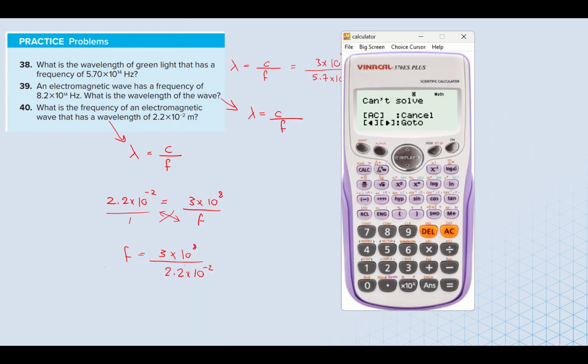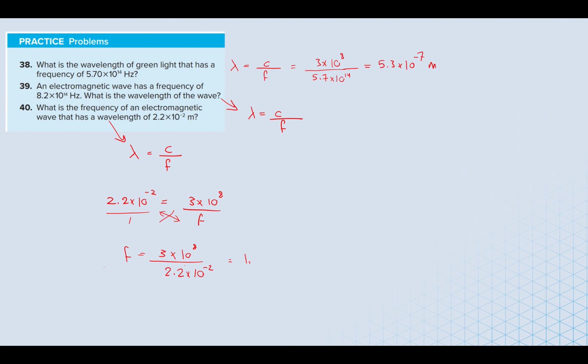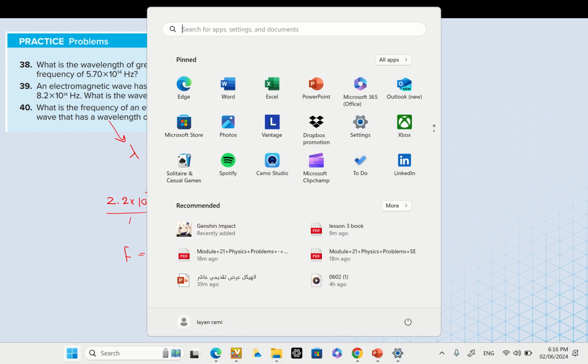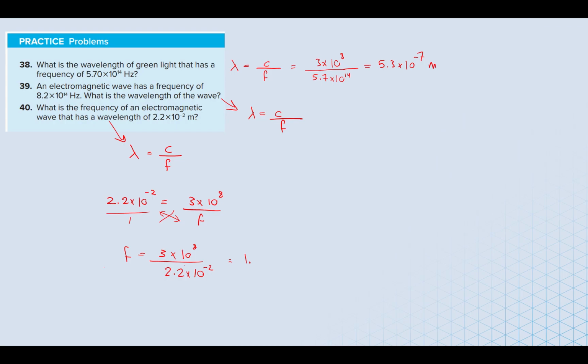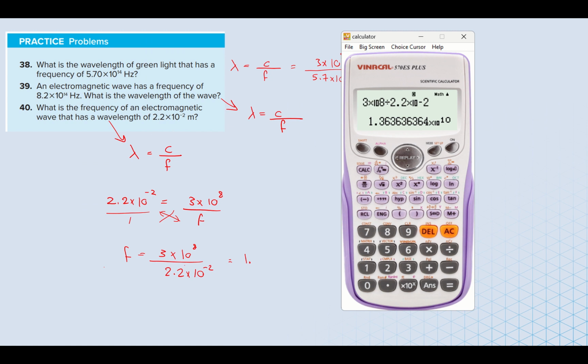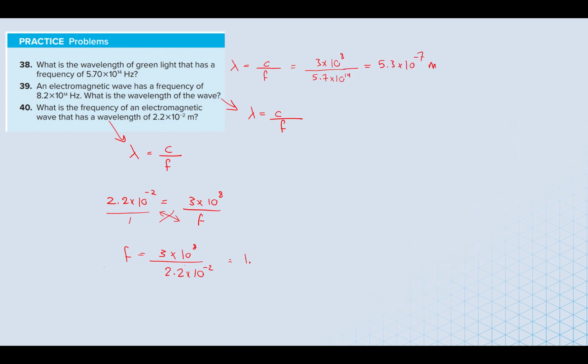So 3 times 10 to the power of 8 divided by 2.2 times 10 to the negative 2 will give you 1.4 times 10 to the power of 10 hertz.